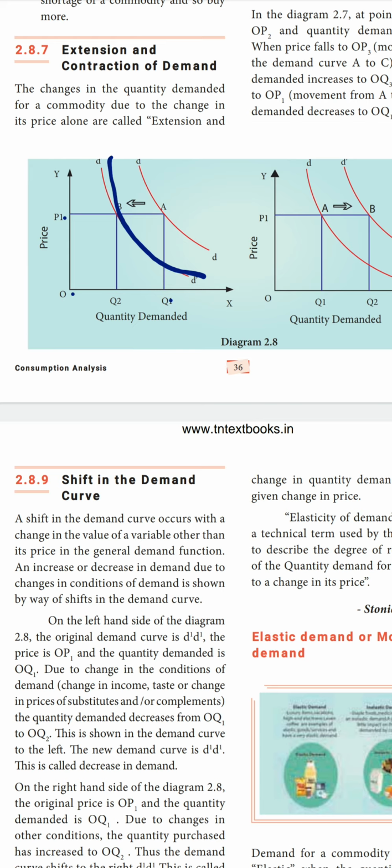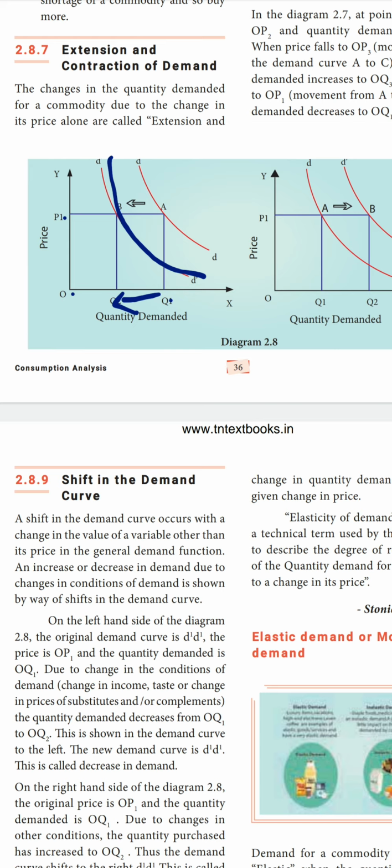Due to that also the demand for the product will change. The quantity demanded changes from Q1 to Q2. Due to the change, it is decreasing there, isn't it? This is a shift of the demand curve to the left.